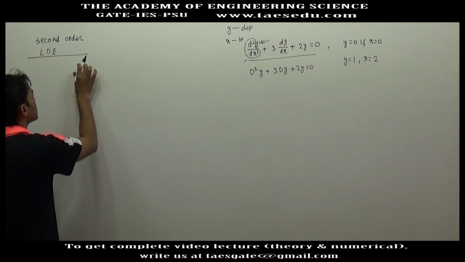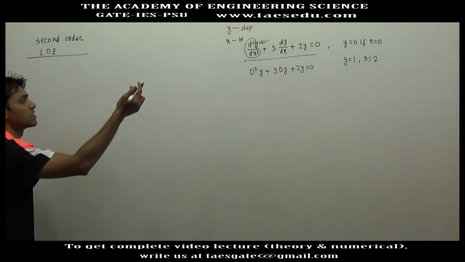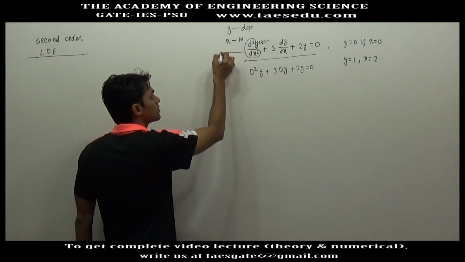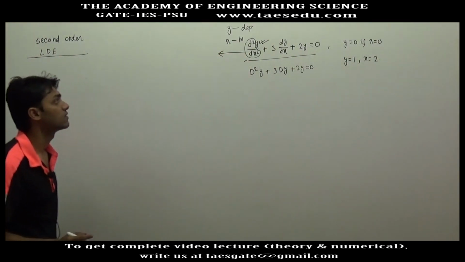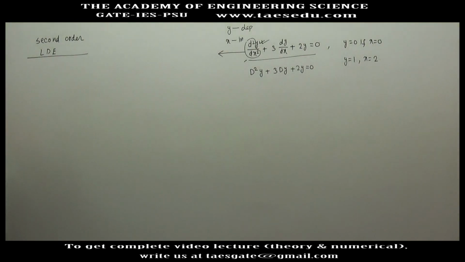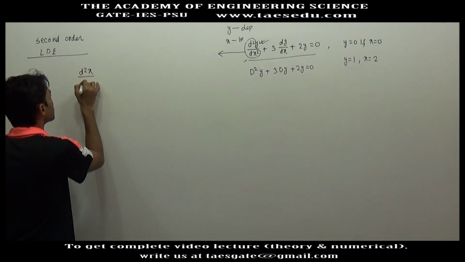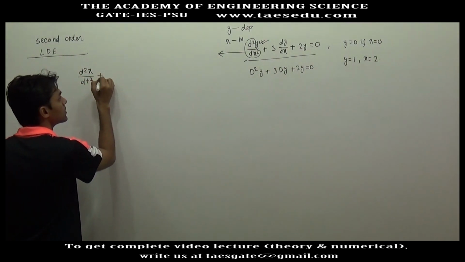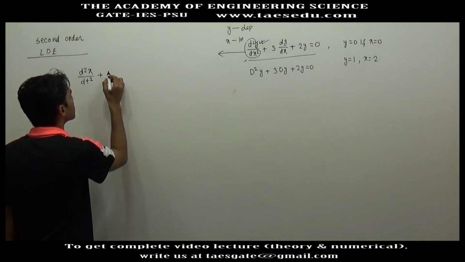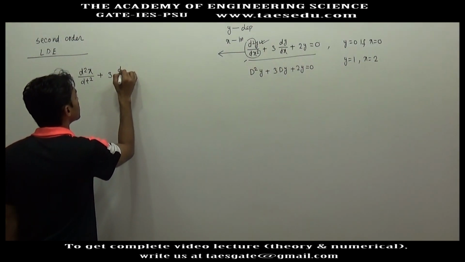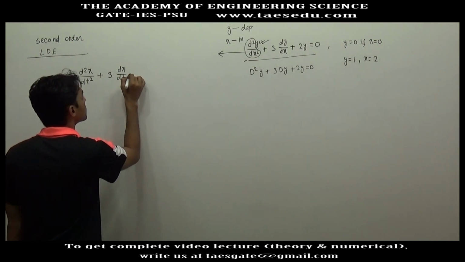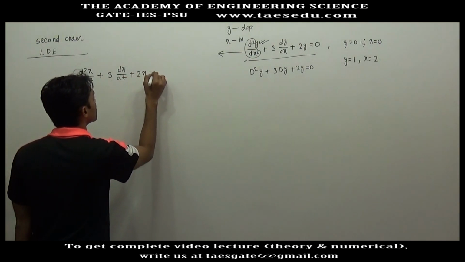So if we change this equation into a form in which we are comfortable in the case of Laplace equations, this will be d2x by dt square plus 3 dx by dt plus 2x equal to 0.